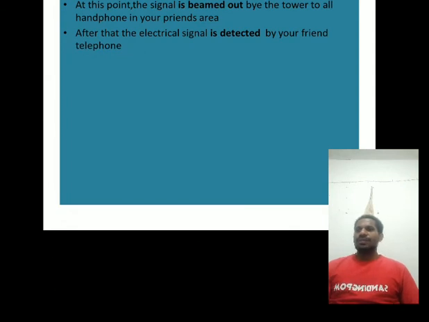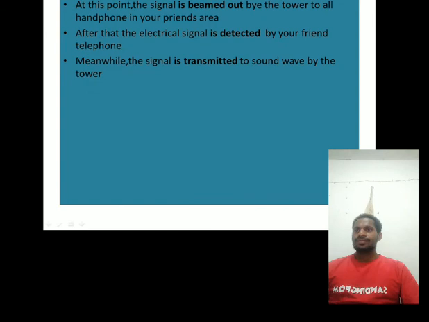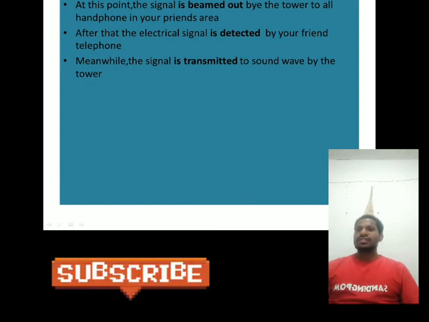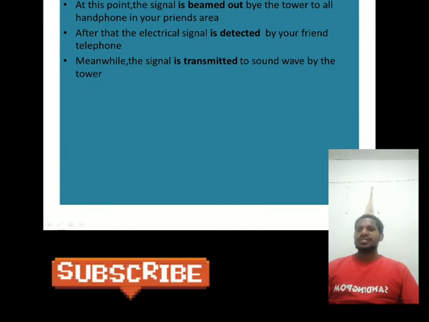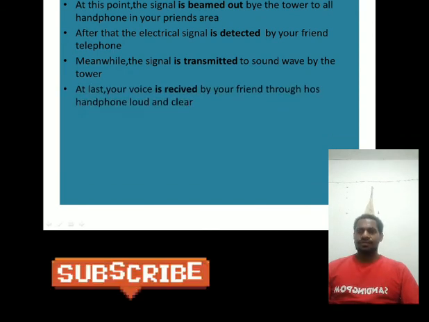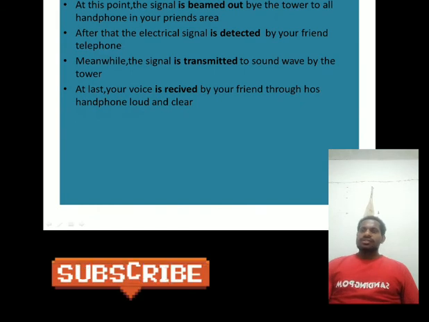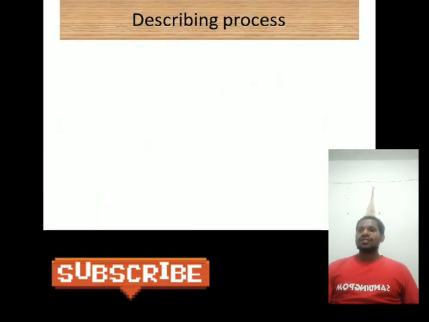After that the electrical signal is detected by your friend's telephone. Meanwhile, the signal is transmitted as sound wave by the tower. At last, your voice is received by your friend through the handphone loud and clear.